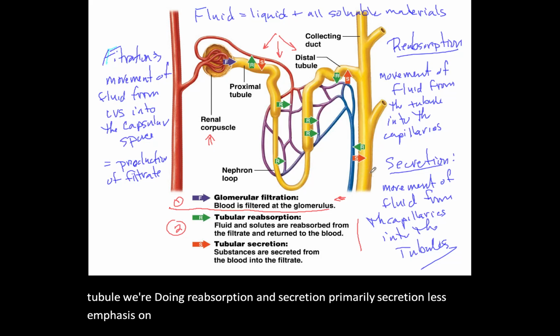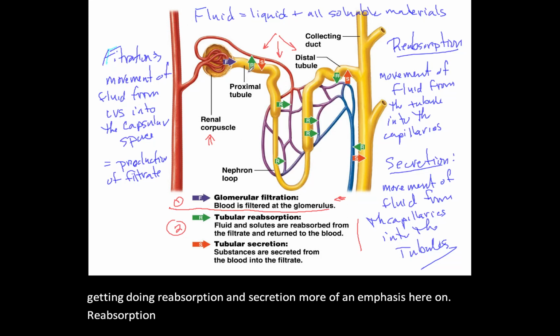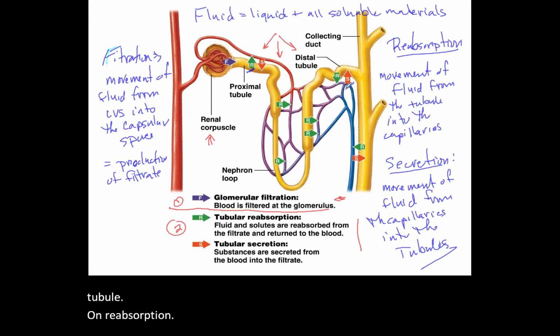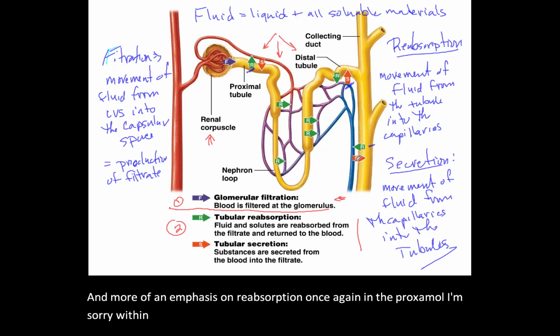And in the collecting duct, we're again doing reabsorption and secretion, with more of an emphasis on reabsorption. So more reabsorption in the proximal convoluted tubule, more secretion within the distal, and more reabsorption once again within the collecting duct.